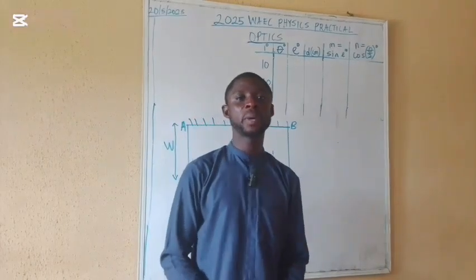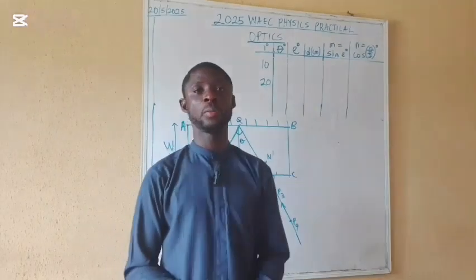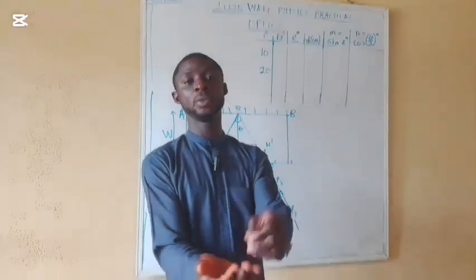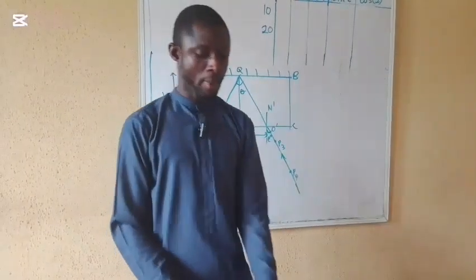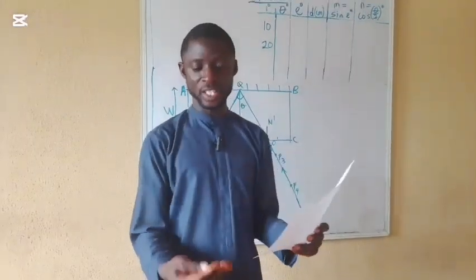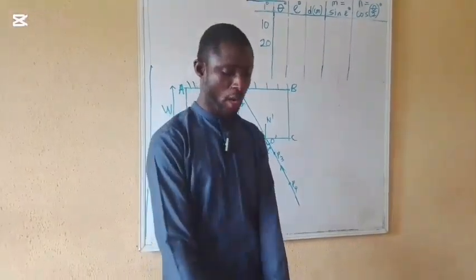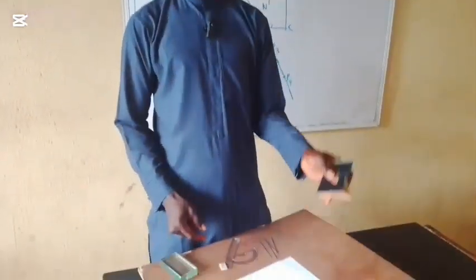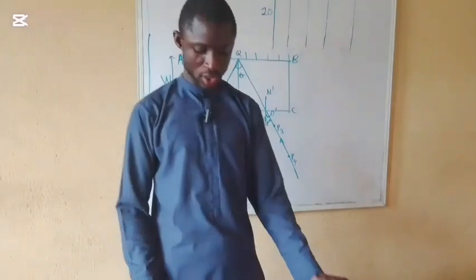For this experiment, I want to introduce some apparatus that we need. This is my thumbtack. I need it to hold my A4 paper on my drawing board. This is my A4 paper. This is my drawing board. This is my plane mirror that I need for this experiment.